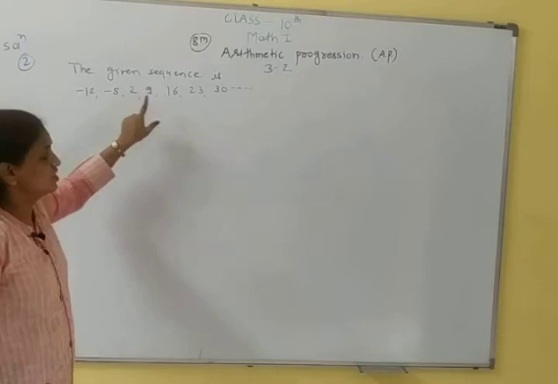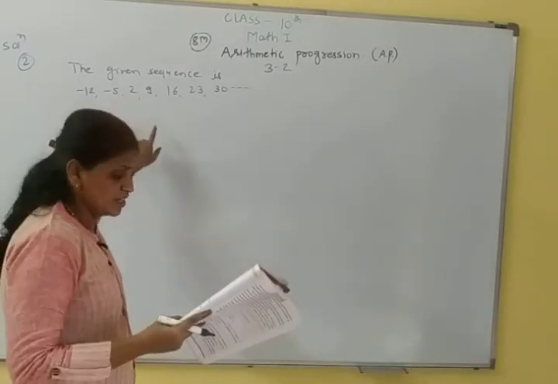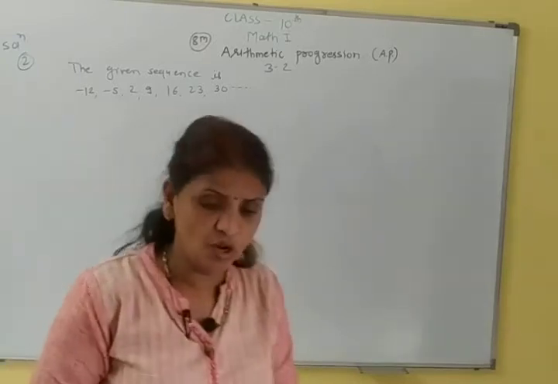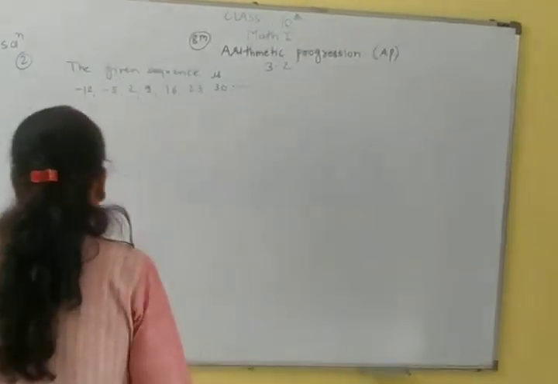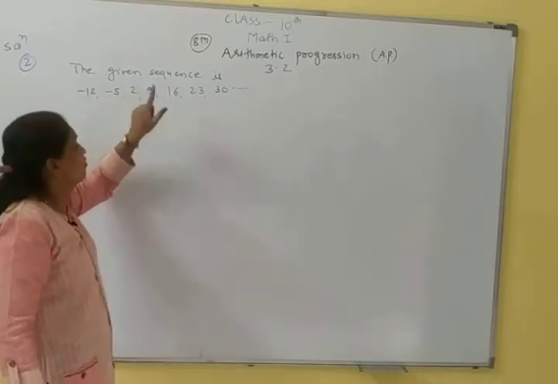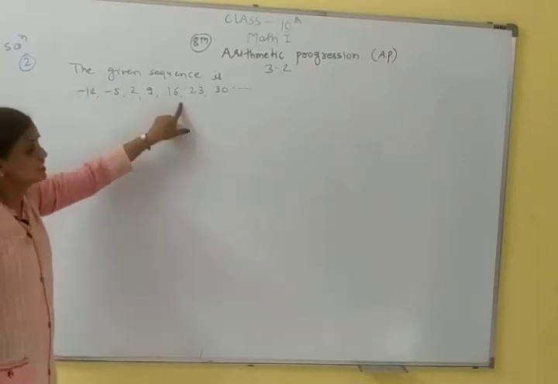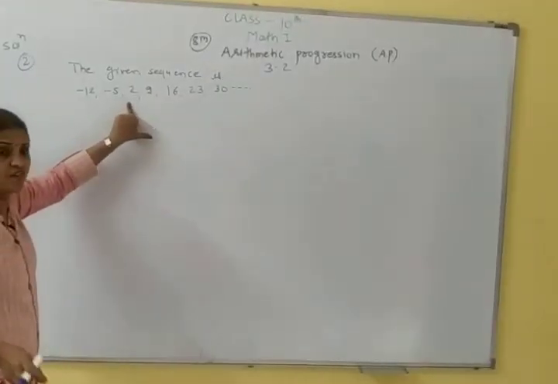If this is an AP, then find the 20th term of the progression. This is the first term, second term, third term, fourth term, fifth, sixth and so on. First we have to check whether the sequence is an AP. If it is, then find the 20th term.